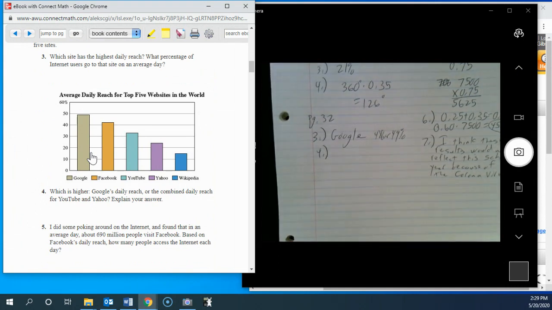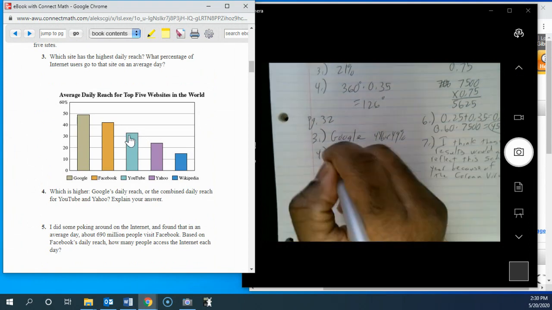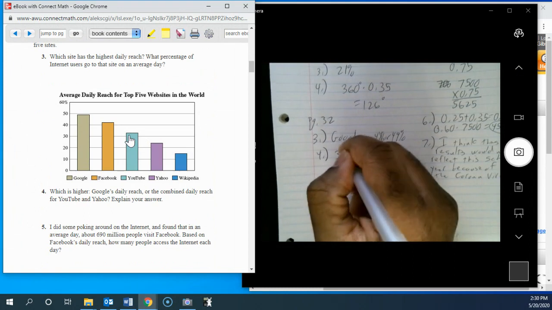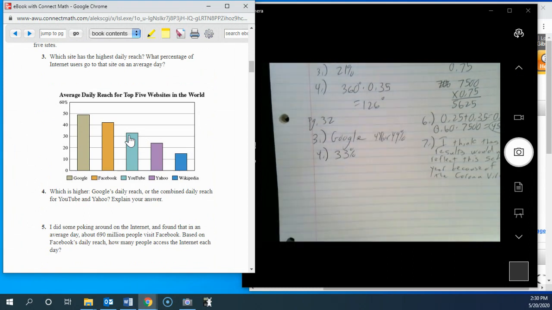Okay, number 4, which is higher? Google's daily reach or the combined daily reach for YouTube and Yahoo? Okay, so let's look at YouTube and Yahoo. YouTube is about, I would say about 33%. And then Yahoo is at about 23%.